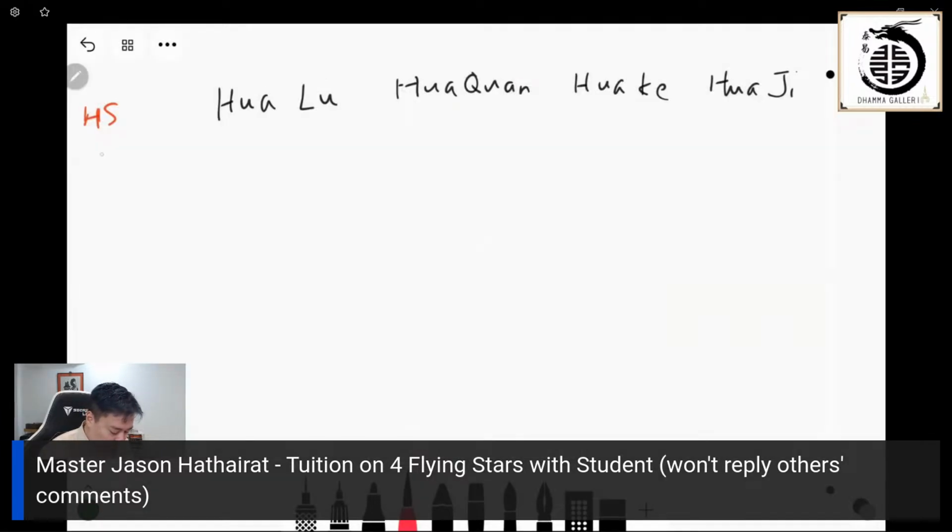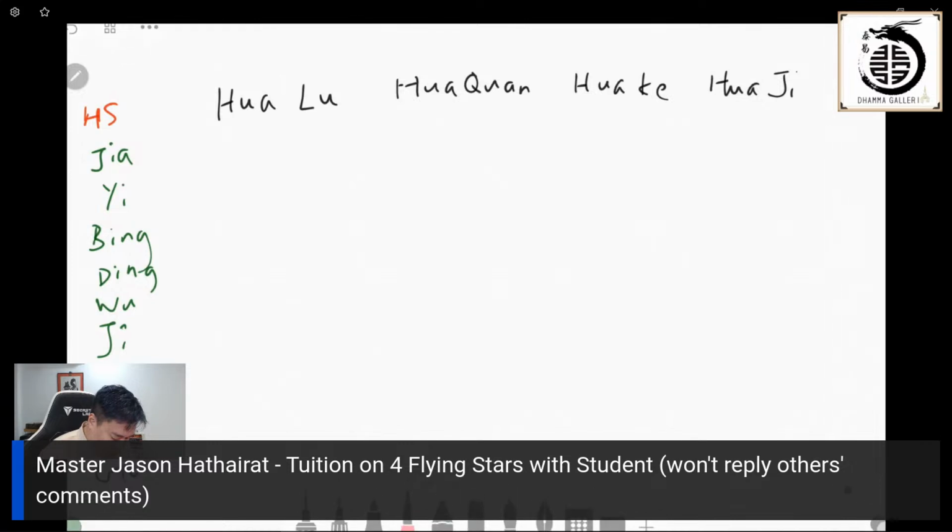The first one is 甲, second one is 乙, third one is 丙, fourth one is 丁, fifth is 戊, sixth is 己, 庚, 辛, 壬, 癸.